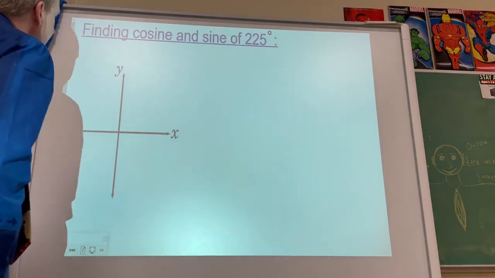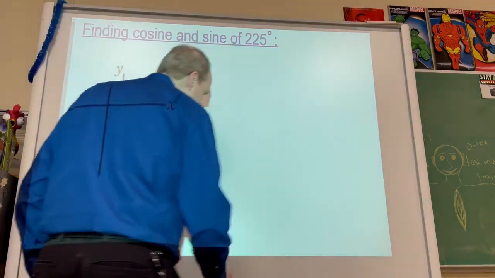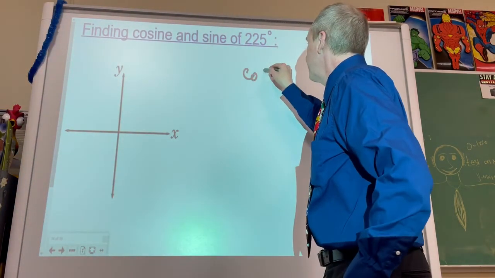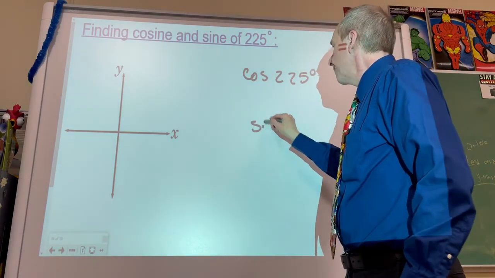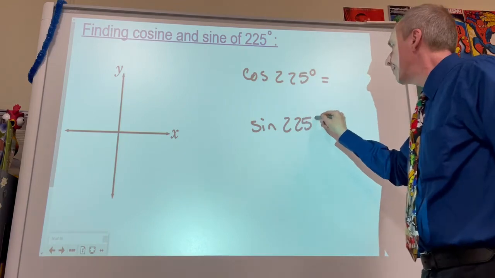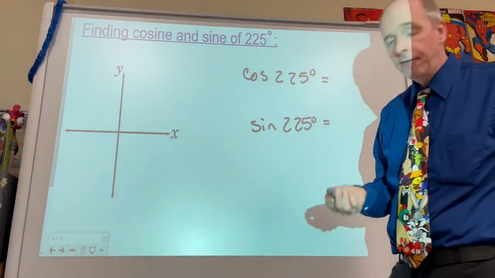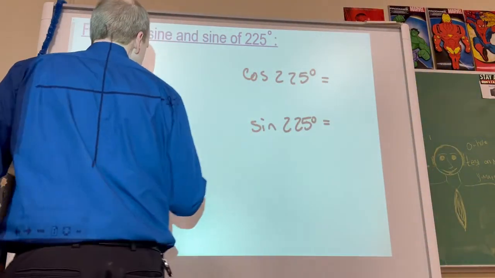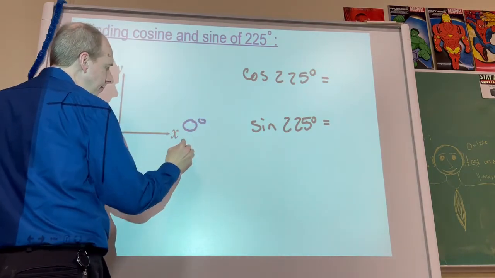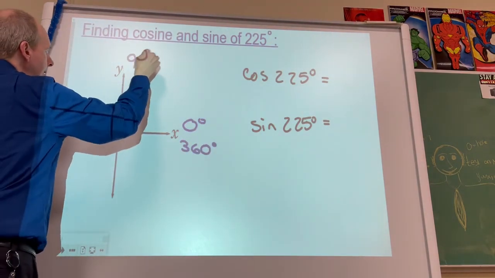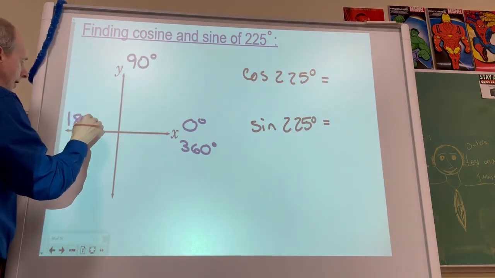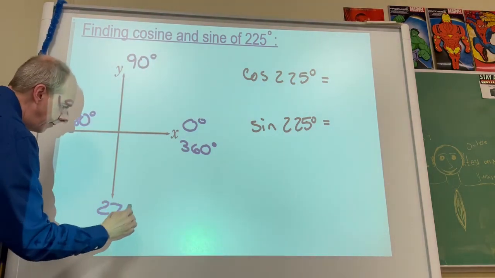So we'll try one more. Cosine and sine of 225 degrees. I have to find it though first, right? So 0 or 360, 90, 180, 270.